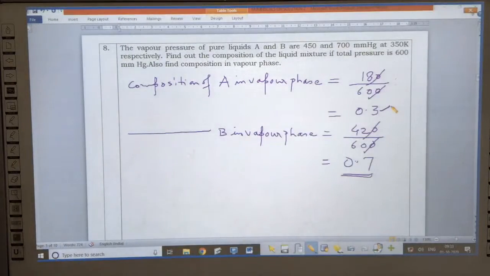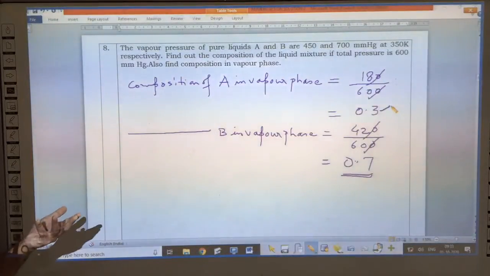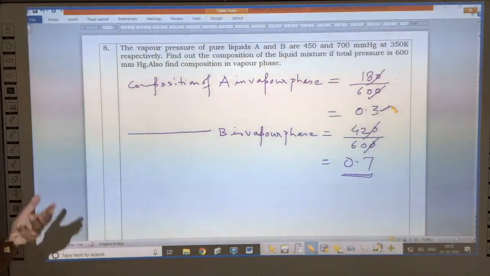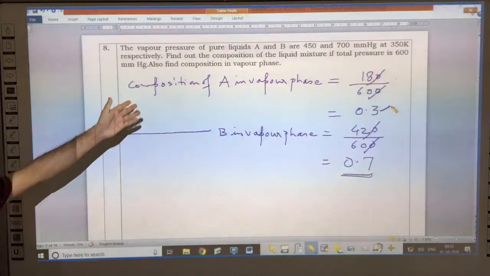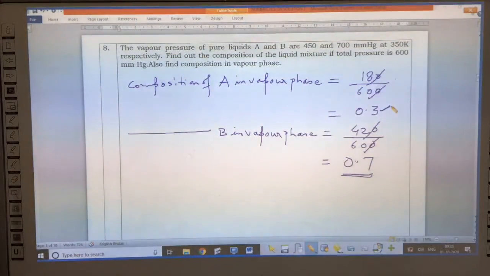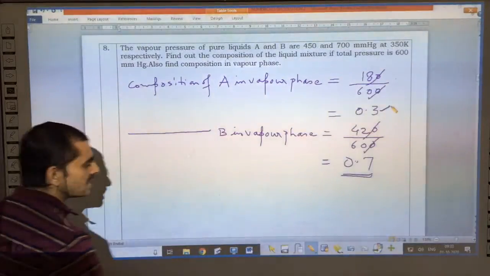Clear? First we calculated the mole fraction of component A and component B. Then we calculated their partial vapor pressures. After that we calculated their composition in vapor phase. This numerical should be very clear to you. It is an important numerical. Okay, let us move on to the next part.